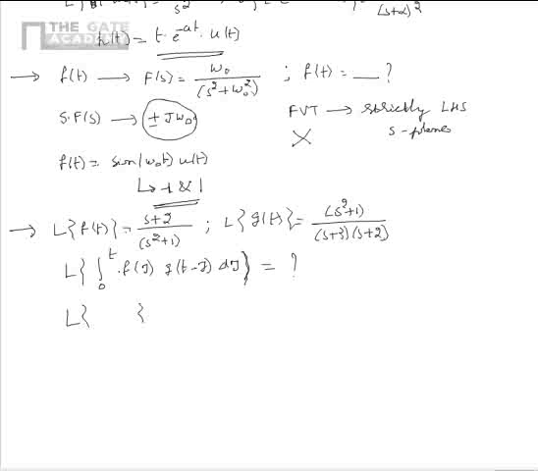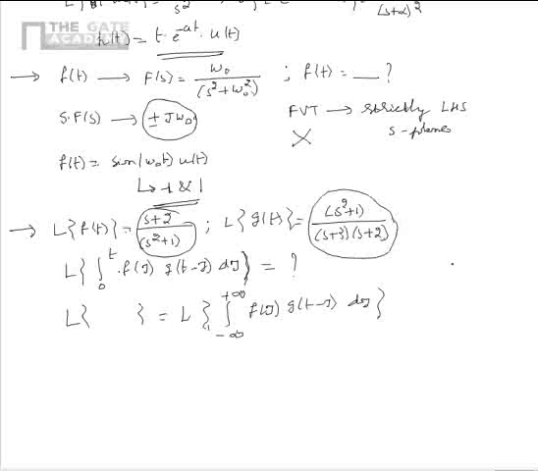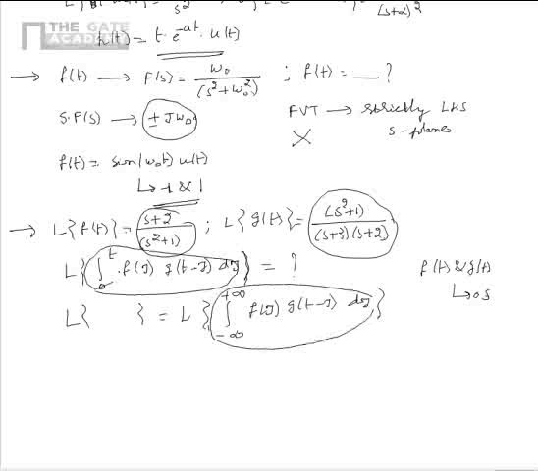The given Laplace transform can be written as the Laplace transform of integral minus infinity to plus infinity f of tau g of t minus tau d tau, because the given Laplace transforms assume that the functions f of t and g of t are one-sided. If they are one-sided, the given integral can be written in the form as shown.